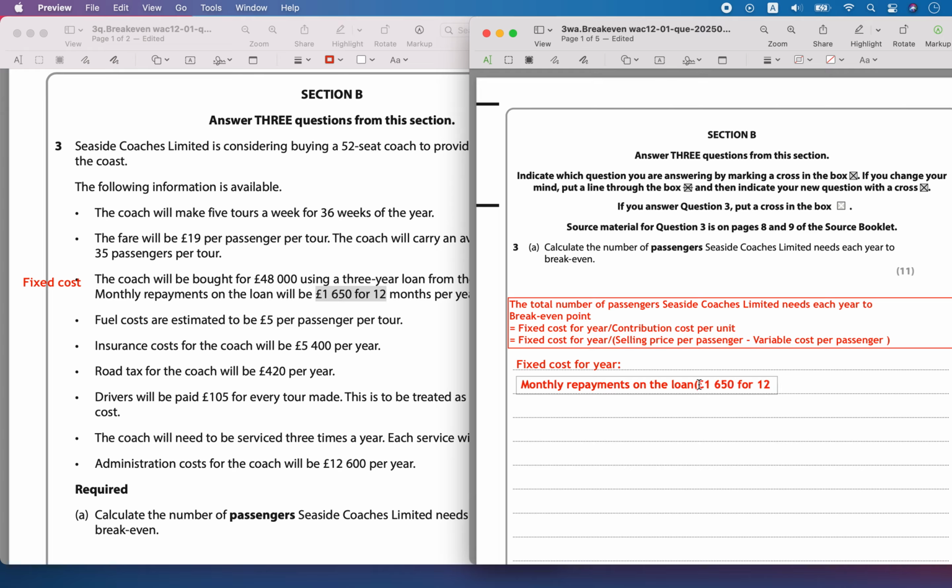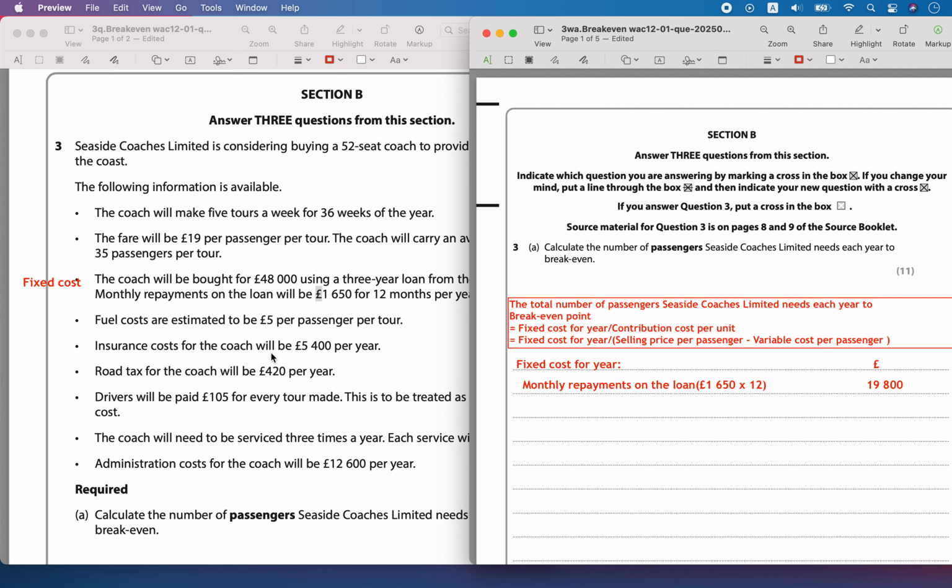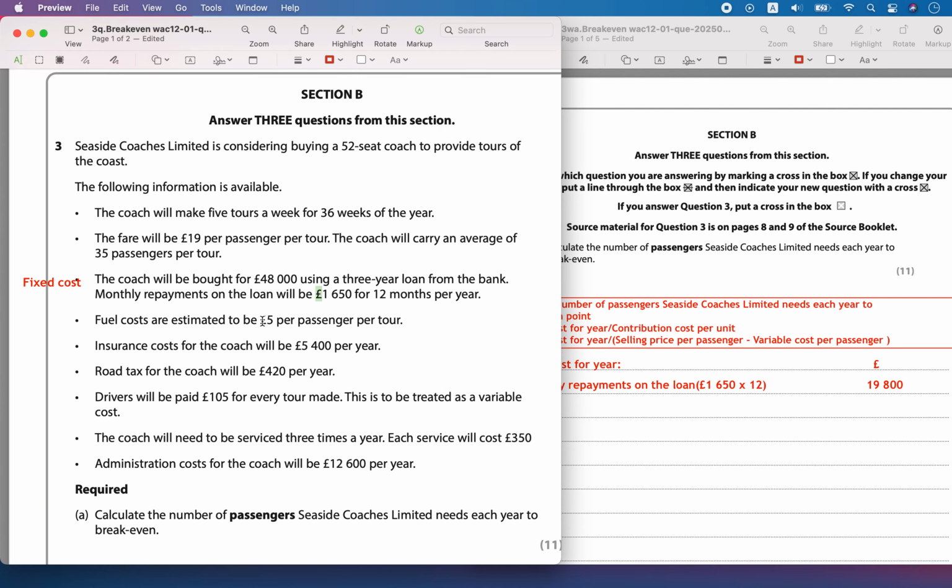So it is 1,650 times 12 months for the entire year, which is equal to 19,800 pounds. So that represents a fixed cost.